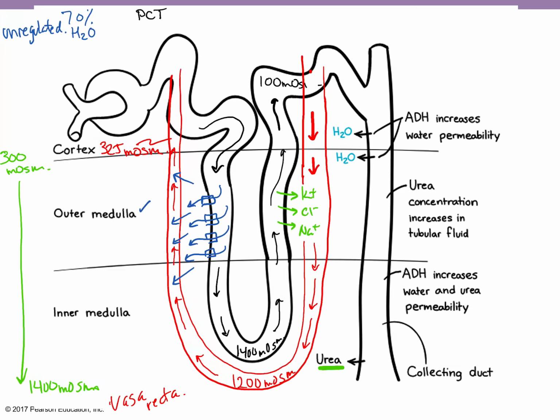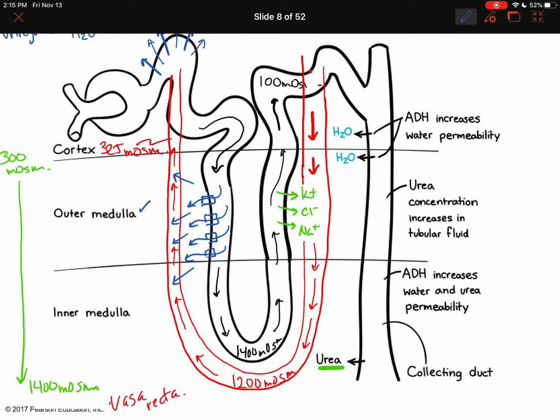Remember that this capillary network is also all over the place, all over the nephron. So the water that leaves the PCT is unregulated, and it's going to follow the solutes. So the PCT is going to actively pump those solutes out of the filtrate, and the water will follow. Okay, so that's one. The other two places where water is reabsorbed is the DCT and the collecting duct.